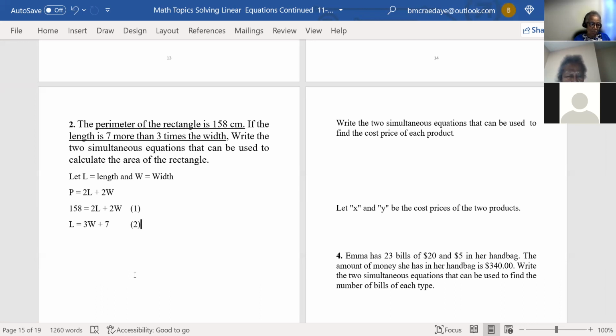Times translates to multiplication, which can be side by side. 3W means 3 times W. I could say 3 dot W, 3 asterisk W, I could use parentheses, or I could use the X. Try to stay away from the X because we use X as a variable a lot. Any questions on number 2?